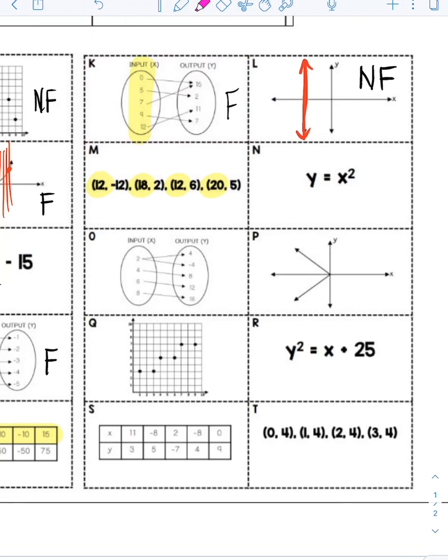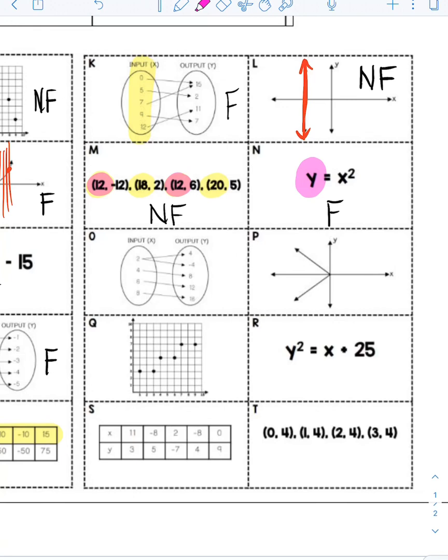And when I do that, I notice that 12 repeats itself, so this is not a function. N. When I look at this equation, the first thing I notice is that y does not have an exponent, so that is a function.